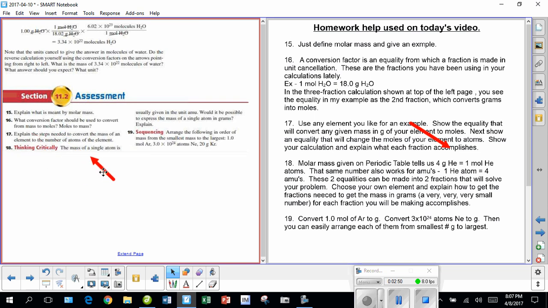In this one, thinking critically, the mass of a single atom is usually given in the unit AMU. So with AMU, you don't have to have a big 10 to the minus 23 or anything of that nature. The same units that are in the periodic chart can also be considered to be AMU units.